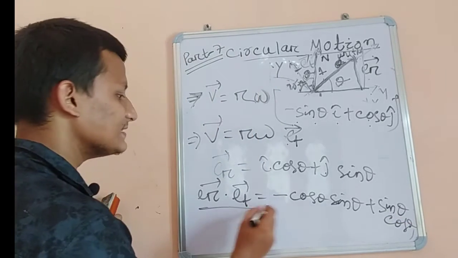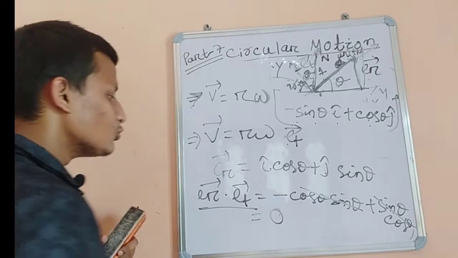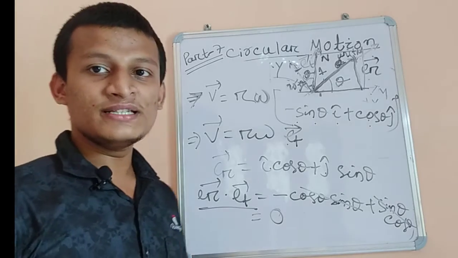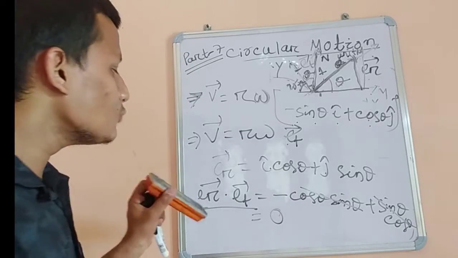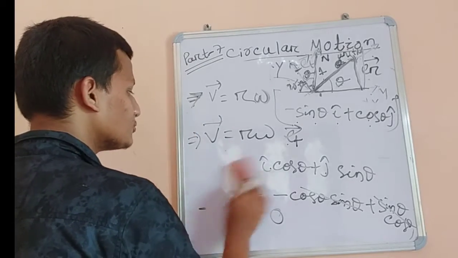Both cancel, and the result is 0. When the dot product between two vectors is 0, the angle between the two vectors is 90 degrees. So we have proved it.